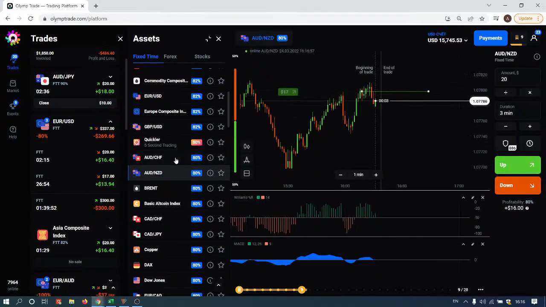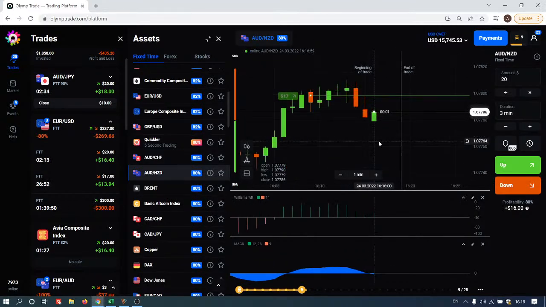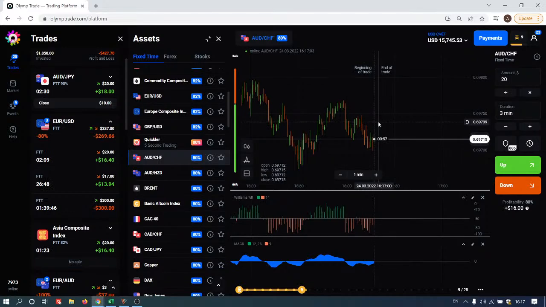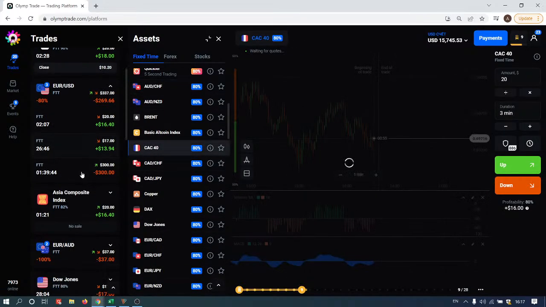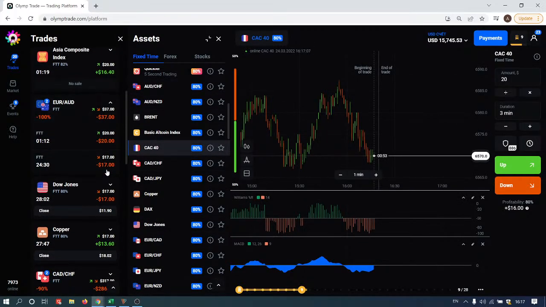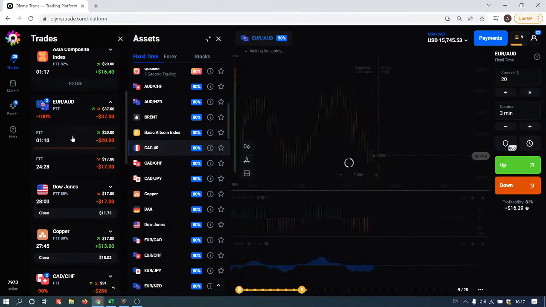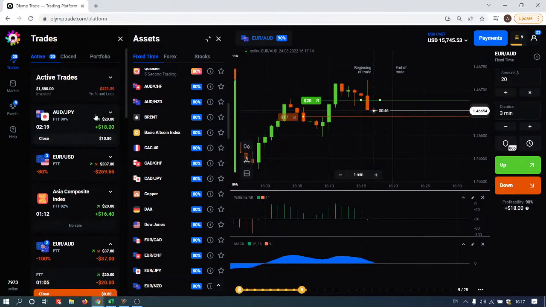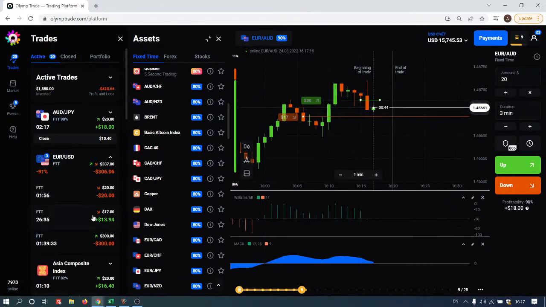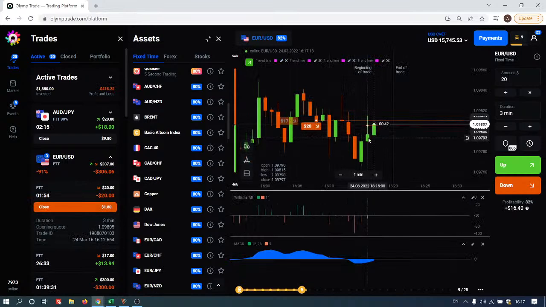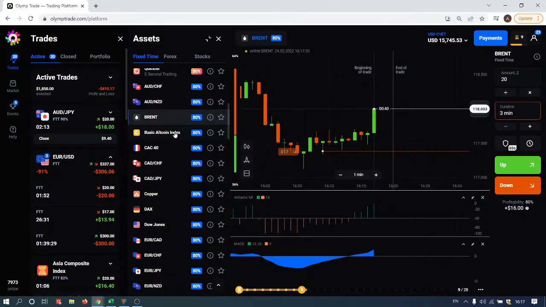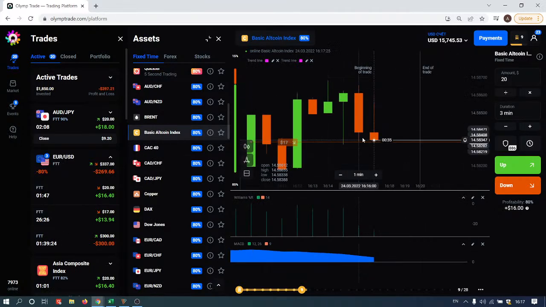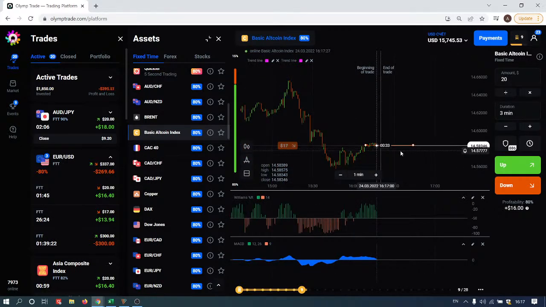So what are the next steps? All right. So let's Basic Altcoin Index.